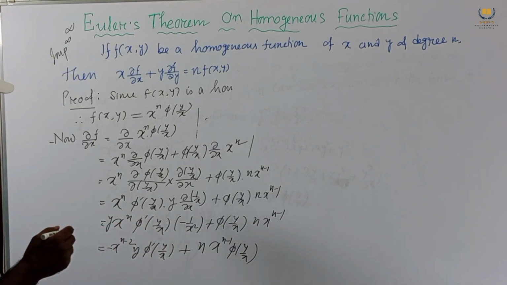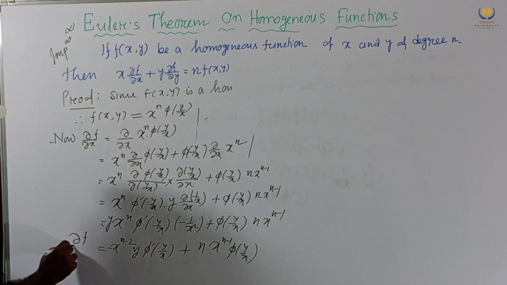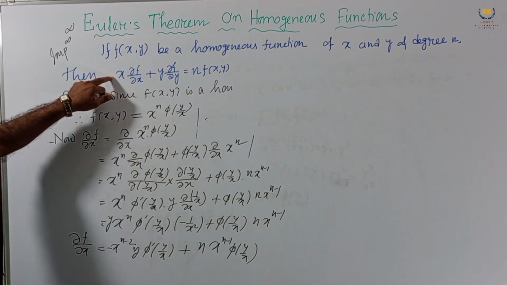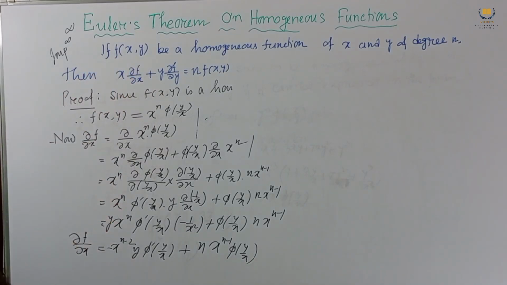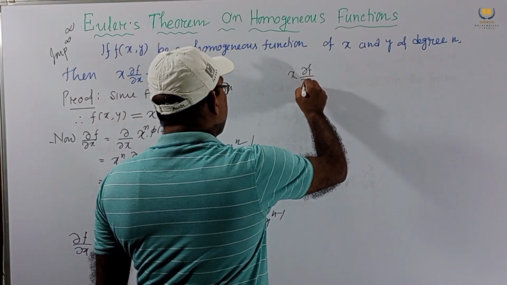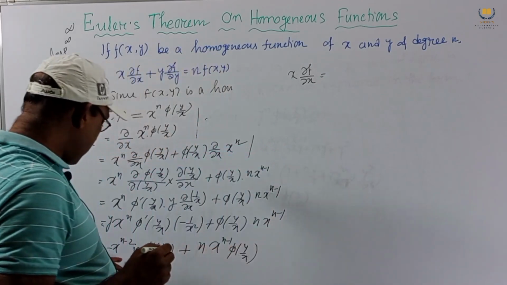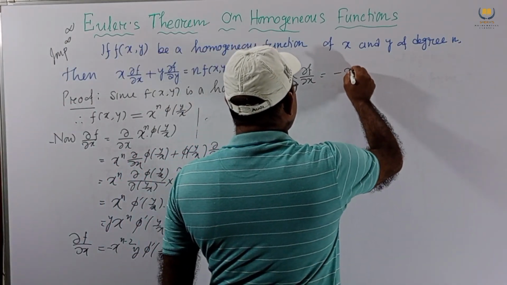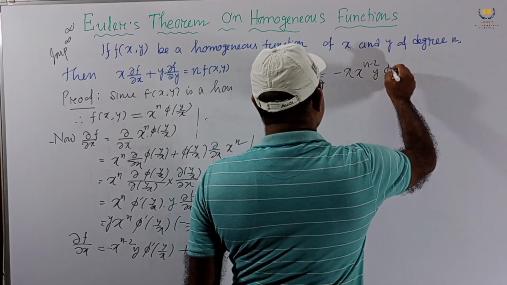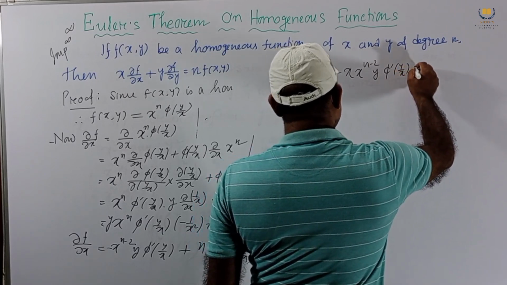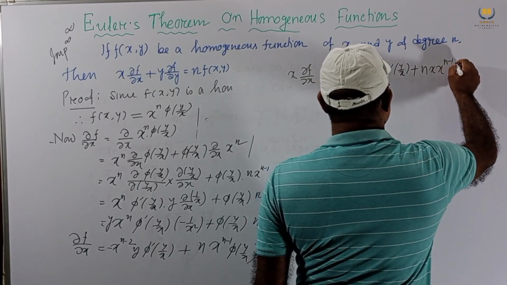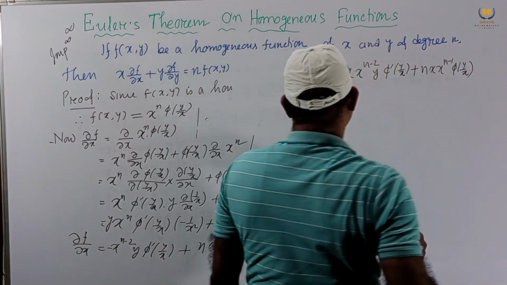Now this is our del f by del x. Now multiplying both sides by x, because in our answer we need x del f by del x, we get x del f by del x equals minus x into x to the power n minus 2 y phi dash y by x plus n x into x to the power n minus 1 phi y by x.